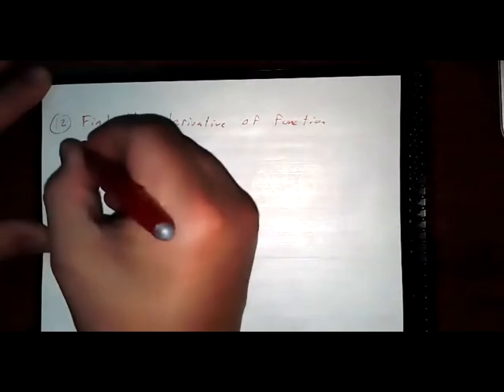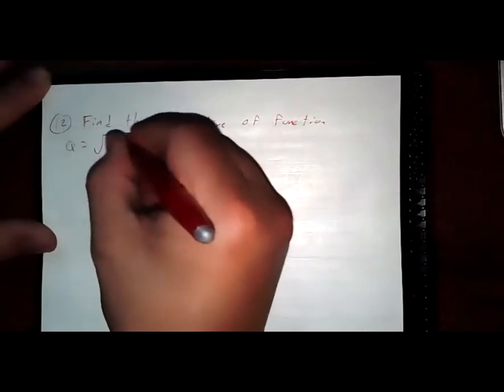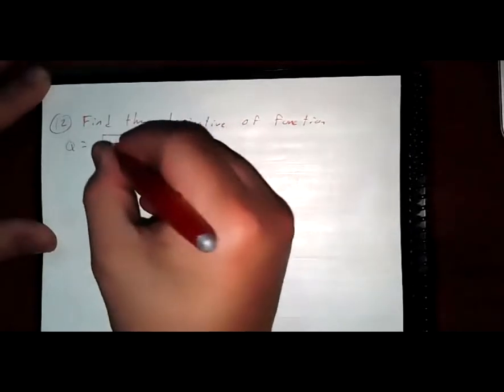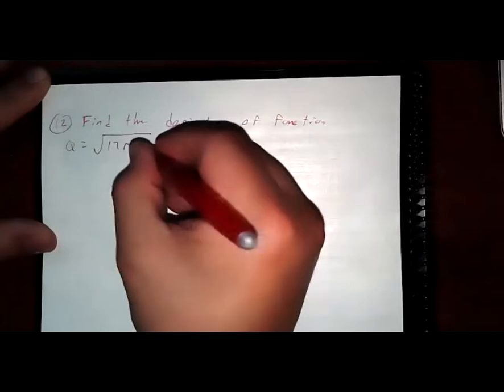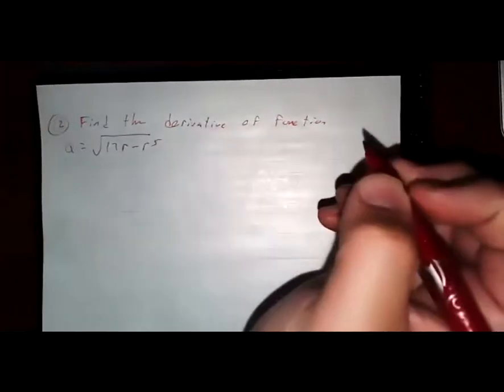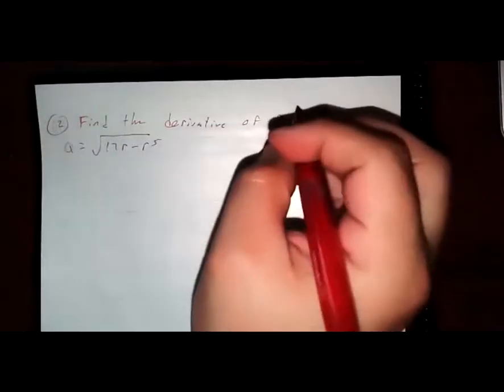All right. So they give us this function. Q is equal to the square root of 17r minus r to the fifth. So the derivative of q. Well, first we should rewrite the q.